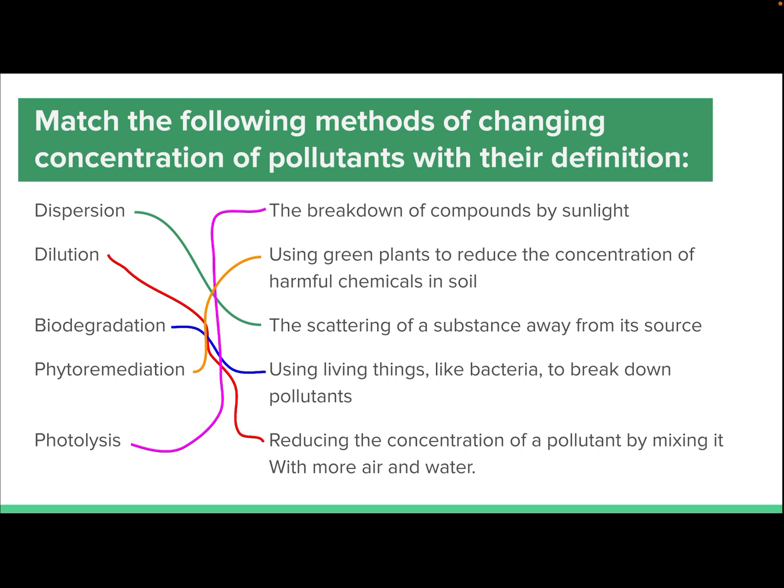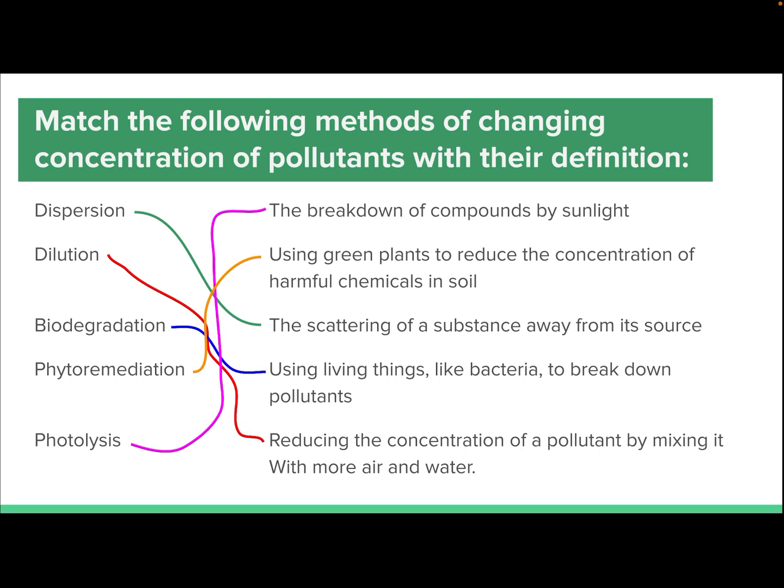Dispersion is the scattering of a substance away from its source. Dilution is reducing the concentration of a pollutant by mixing it with more air and water. Biodegradation is using living things like bacteria to break down pollutants. Phytoremediation is using green plants to reduce the concentration of harmful chemicals in the soil.